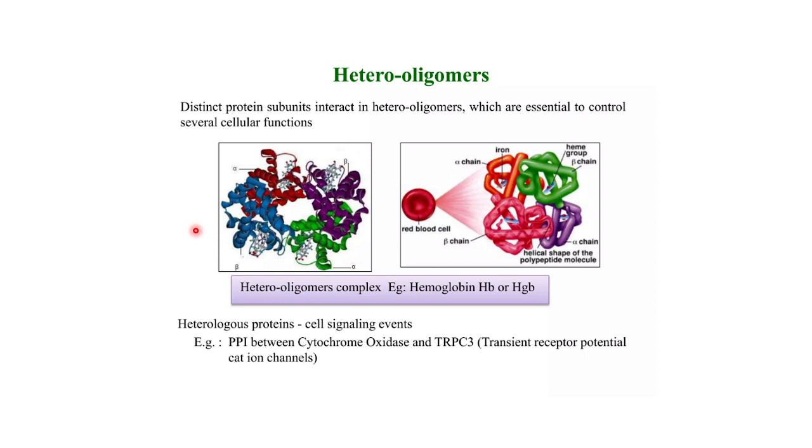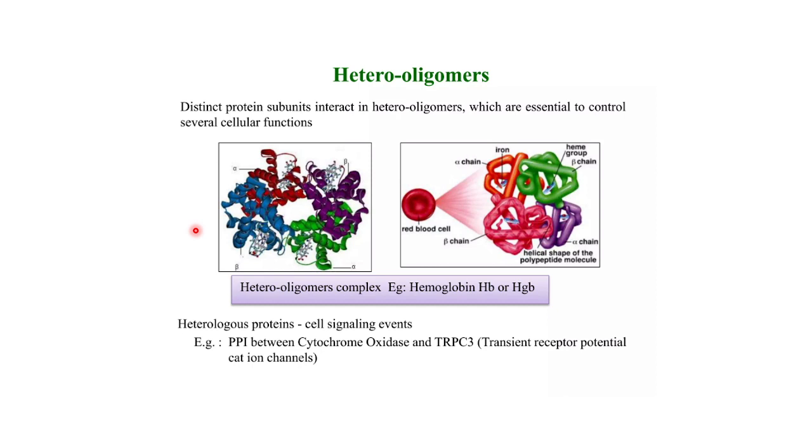Followed by, you have the heterooligomers. It can be a combination of many types of proteins. Because you do not have only one specific type of protein interacting, numerous proteins can interact with one another at a particular time.